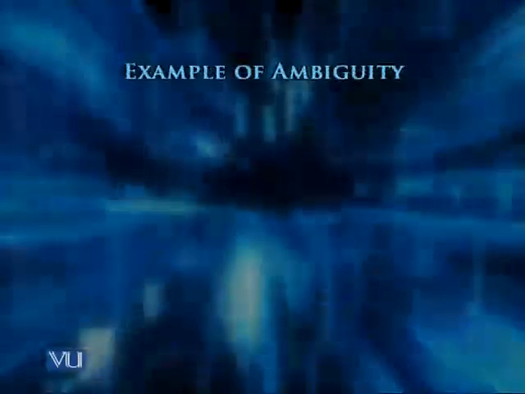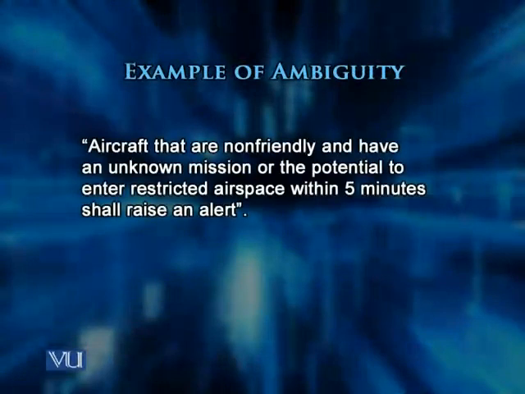An example of ambiguity would be, and I read this, aircraft that are non-friendly and have an unknown mission or the potential to enter restricted airspace within 5 minutes shall raise an alert.